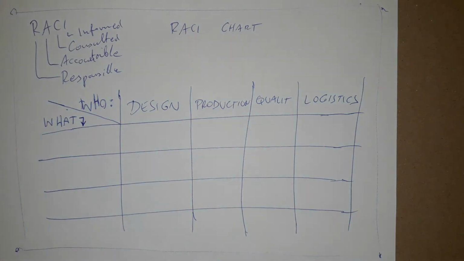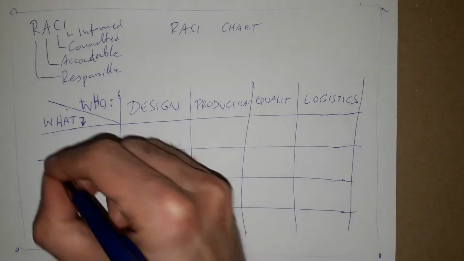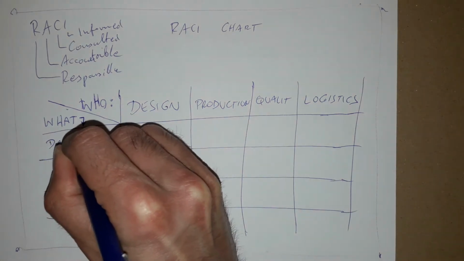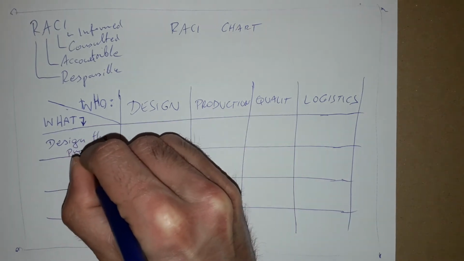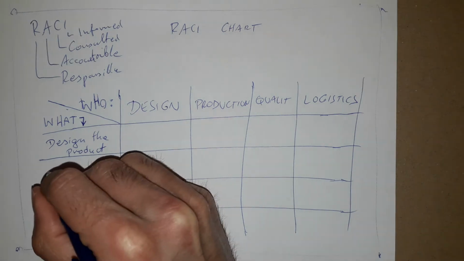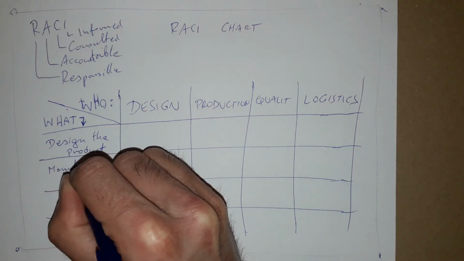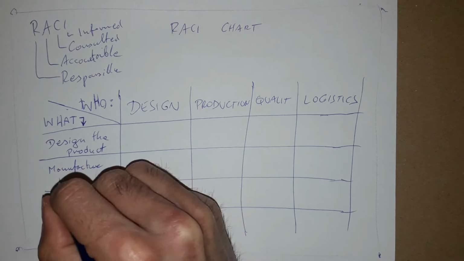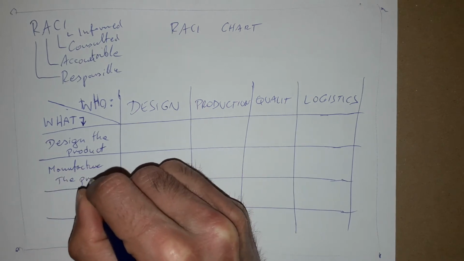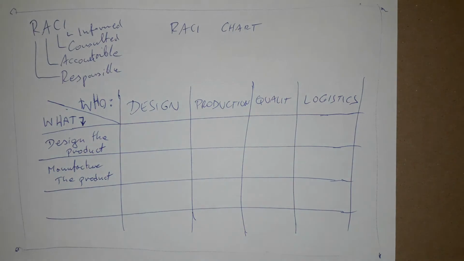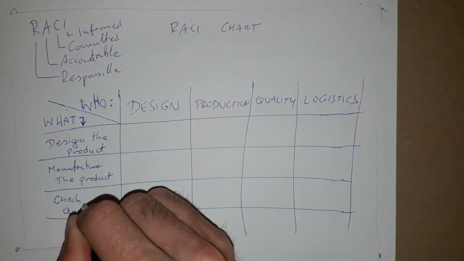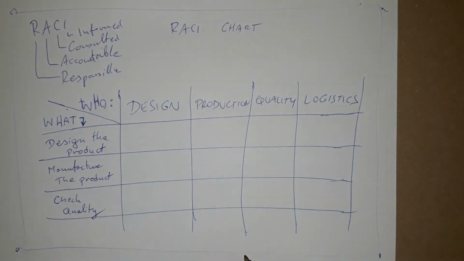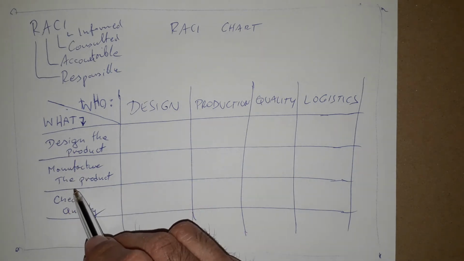So for the what, let us be: design the product, manufacture the product, and let us say check quality. So we have 3 tasks like this.